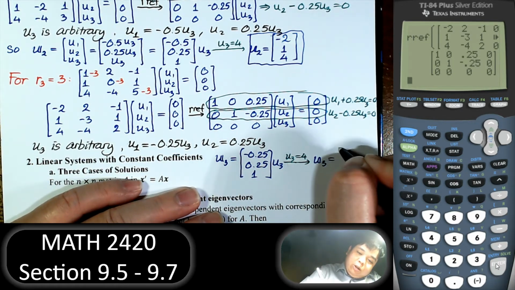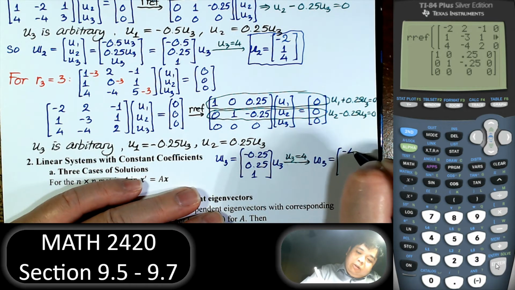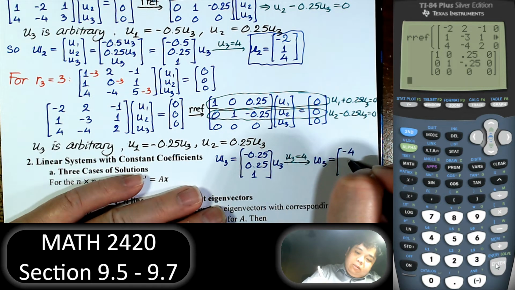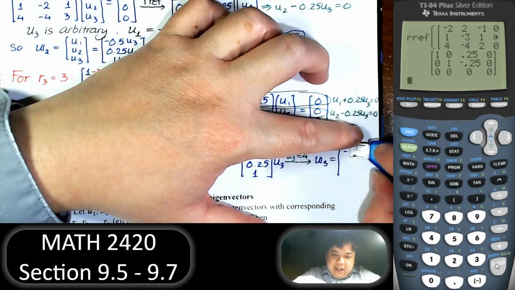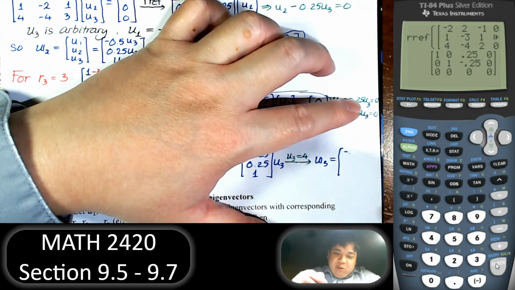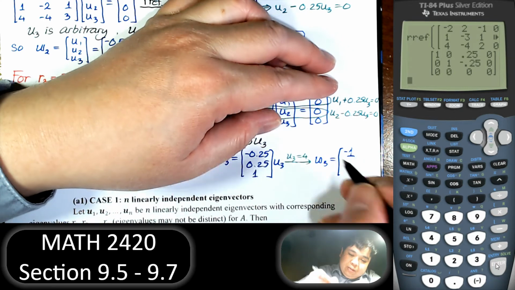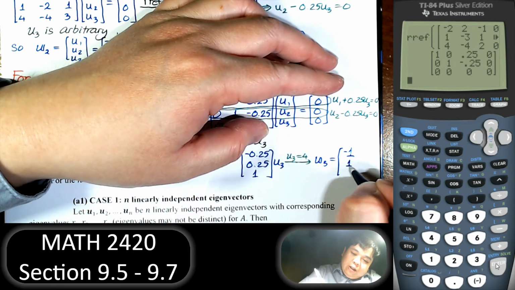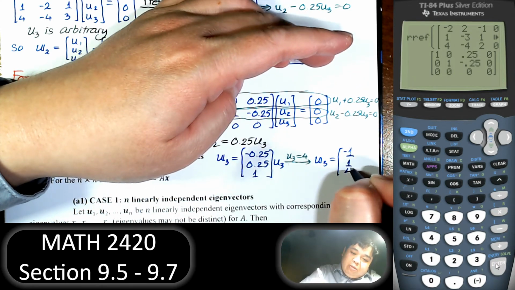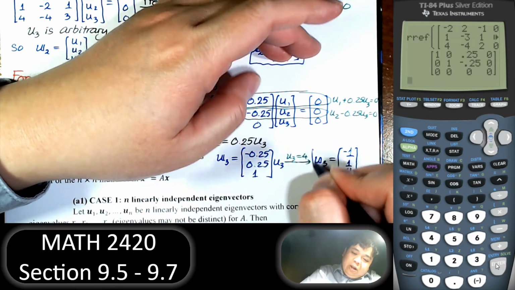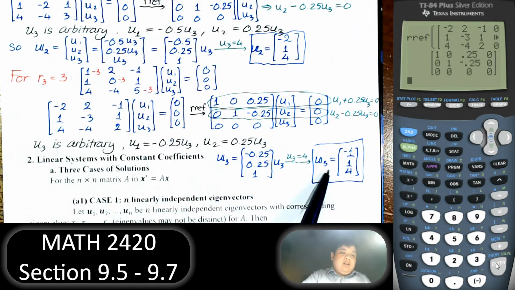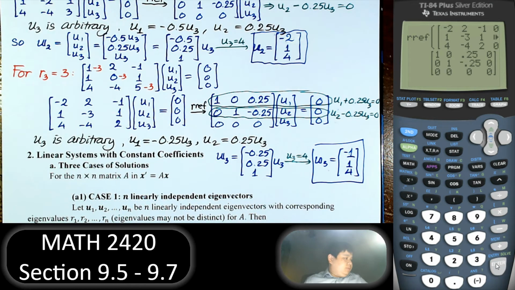So 4 times that is -1, 1, and 1 times 4. So this is the eigenvector corresponding to that eigenvalue.